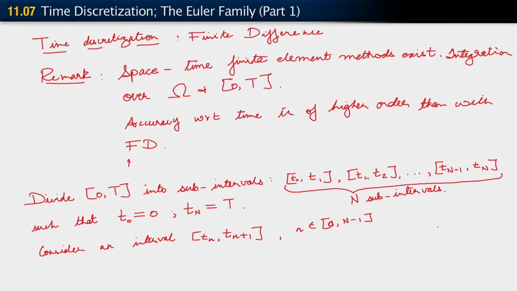So we consider an interval of this type. The whole basis of our methods is going to be what is sometimes called time stepping. Time stepping implies that we know the solution at tn and we want to get to tn plus 1.